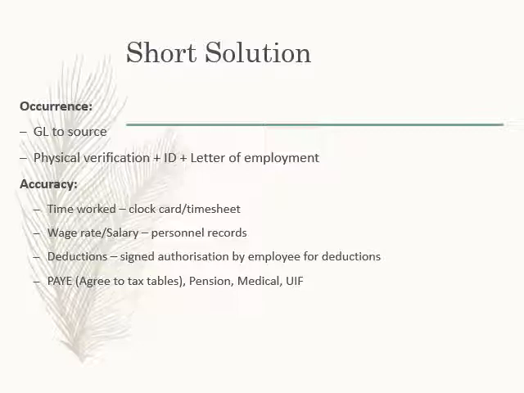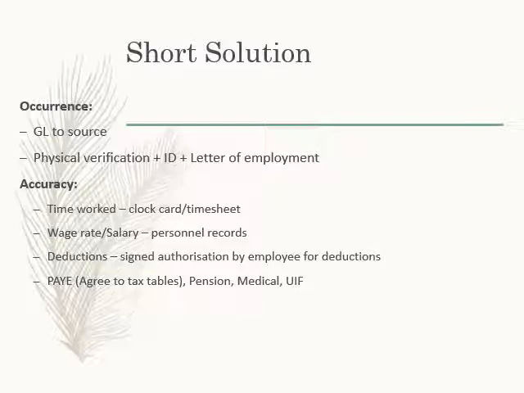Okay, and then the deductions we get from the authorized forms that the employee needs to complete, medical aid, pension, and then we've already said that the pay as you earn is a mandatory or a statutory obligation for the employers. If the employee is above the tax threshold, the employee just needs to provide the employer with their specific tax number.